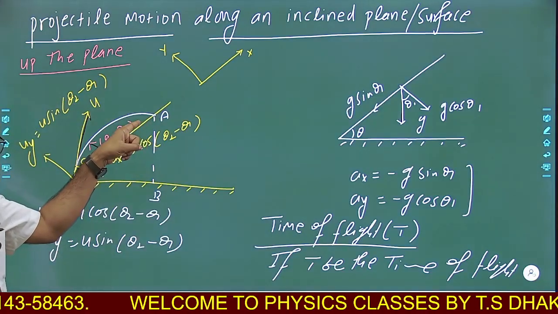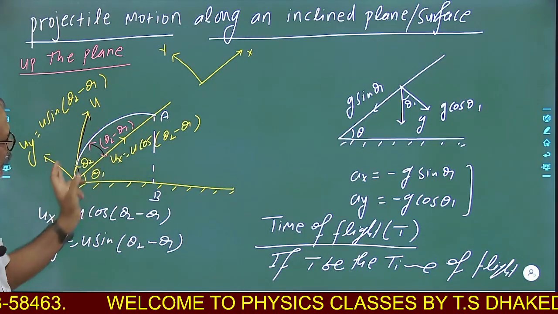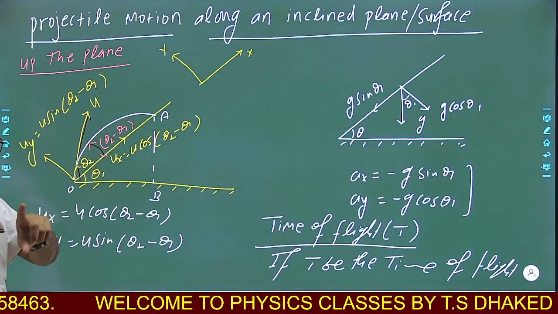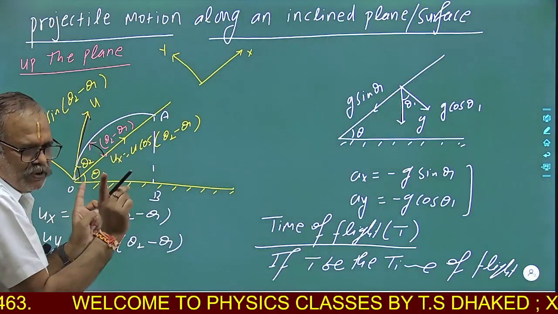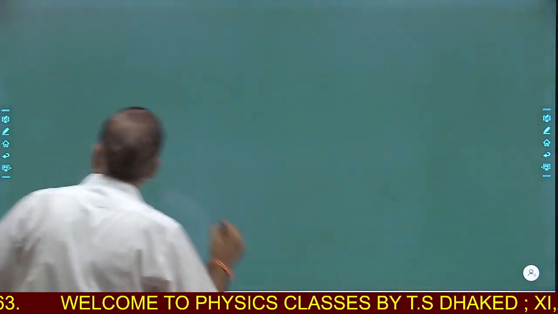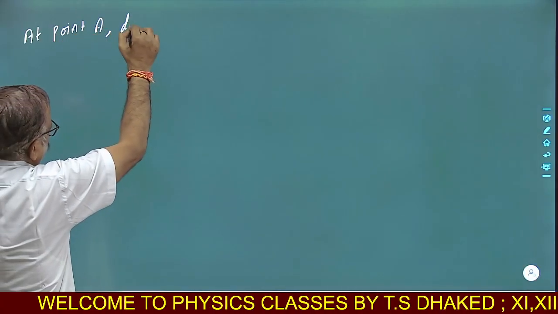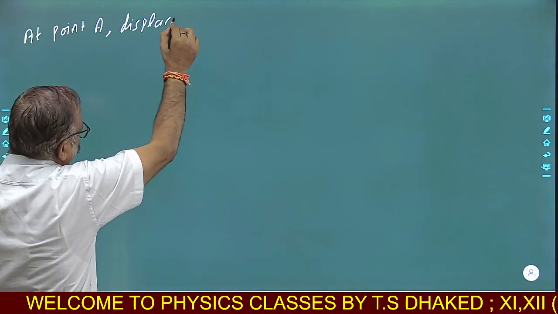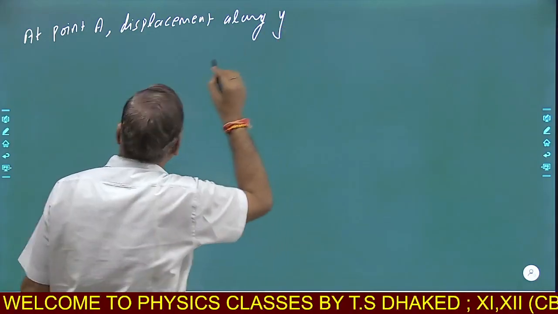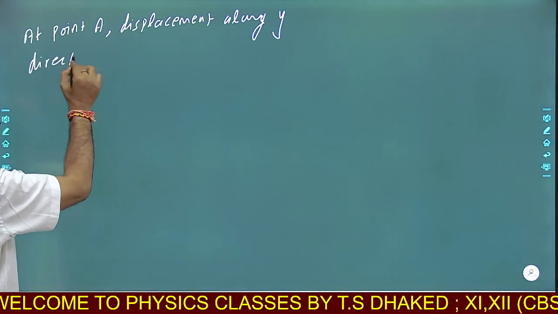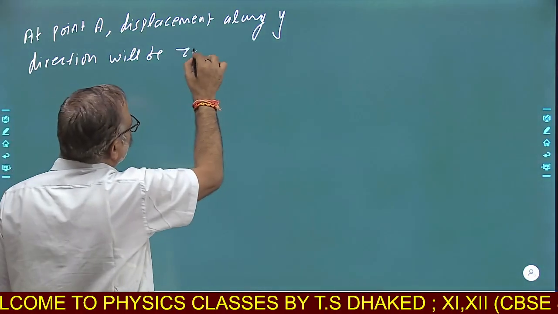From diagram, projectile motion along an inclined surface, at point A, displacement along the y direction will be 0.